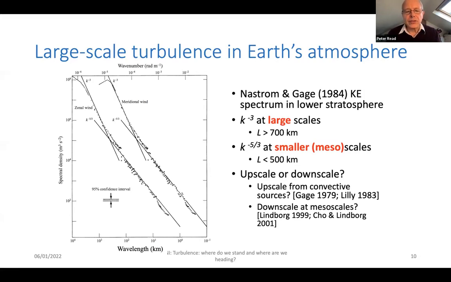But this was in fact not found to be consistent with the third order structure functions that were then calculated by Eric Lindborg and his collaborators, who indicated that the sense of energy transport in the atmosphere, at least at these levels, was actually predominantly downscale at these scales, which immediately raised difficulties for the paradigm we were dealing with, based on classical quasi-geostrophic turbulence.